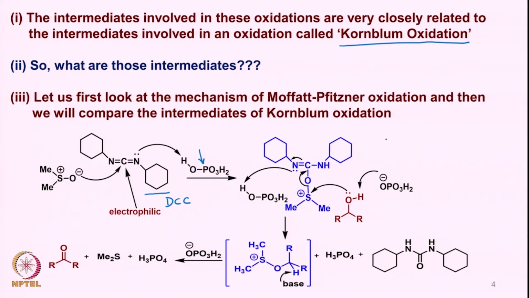If we write cyclohexyl as Cy, it would look something like this, and this gets protonated, and then you have a positive charge on the nitrogen. This makes this carbon much more electrophilic than the original DCC, because the positive charge on the nitrogen would like to get neutralized when the alcohol, or the DMSO, attacks on it.